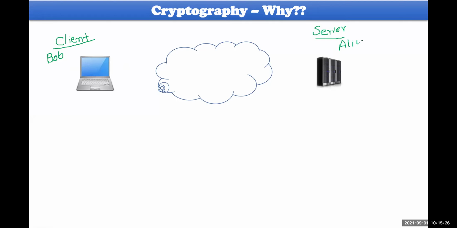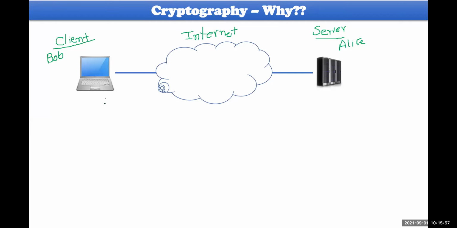Alice and Bob, these are the two characters which we have to take into consideration, and these two people communicate through the internet. So let us consider the data he wanted to communicate with Alice, the server.